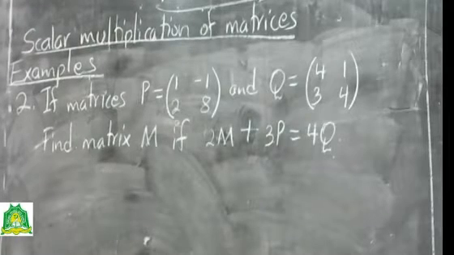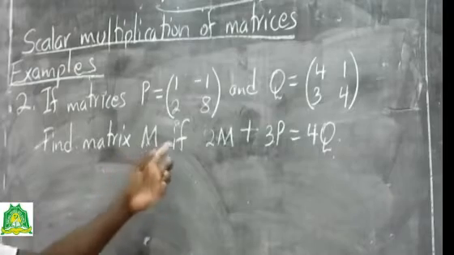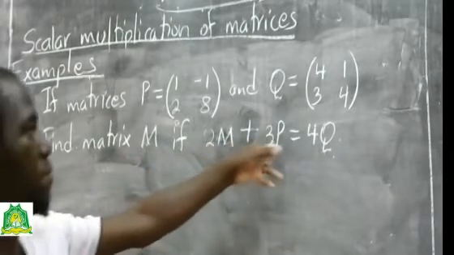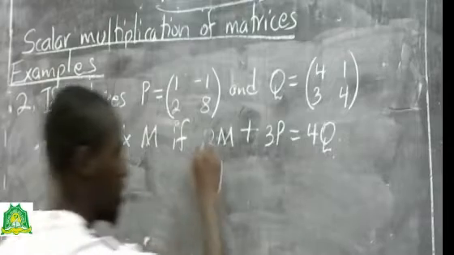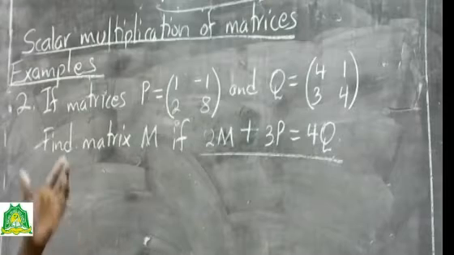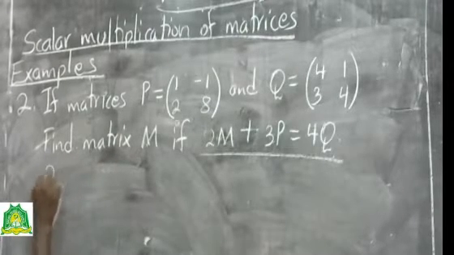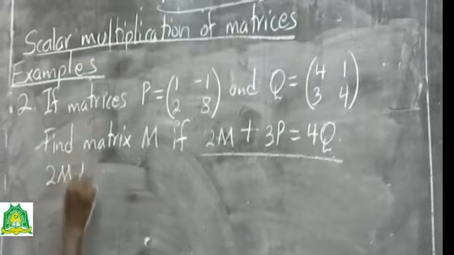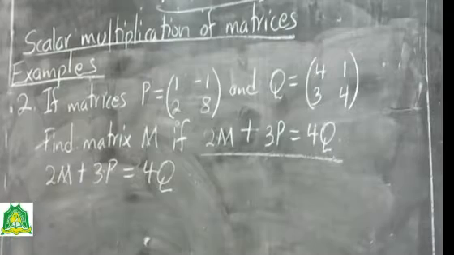If matrices P is that and Q is that, find matrix M if 2M plus 3P is equal to 4Q. I'm going to first use that to find my matrix M, which is what has been asked. So I'm going to first rewrite that: 2M plus 3P is equal to 4Q.